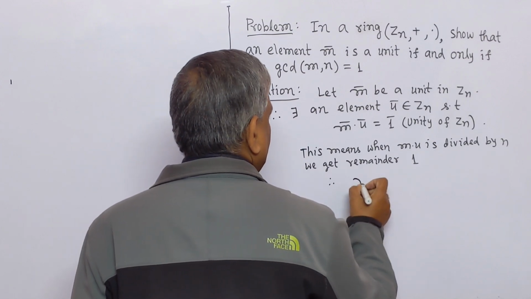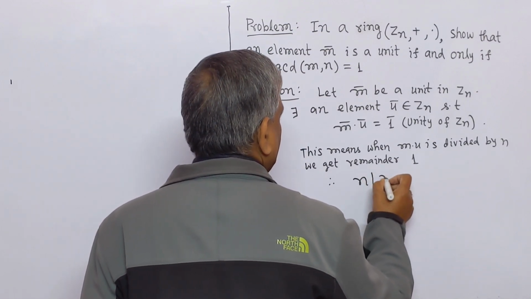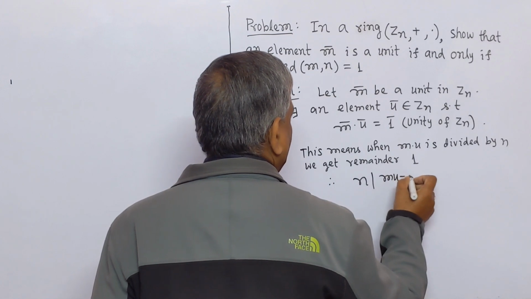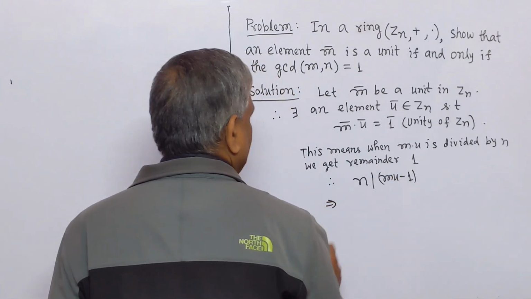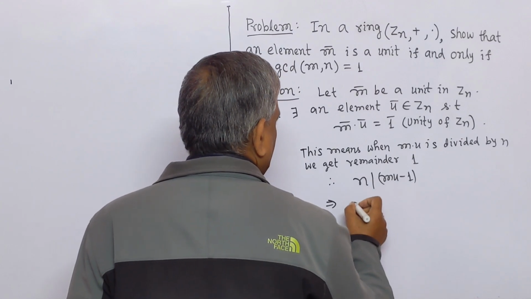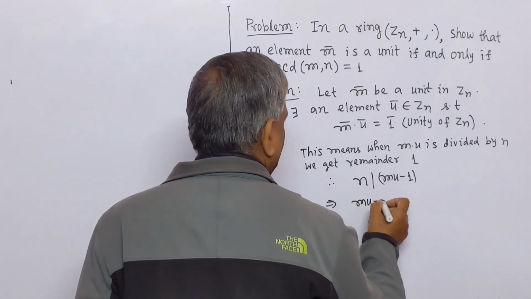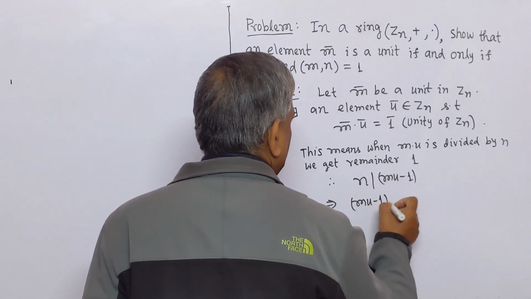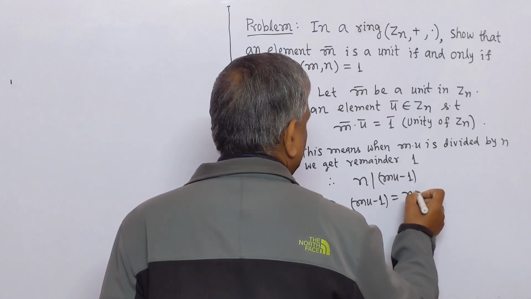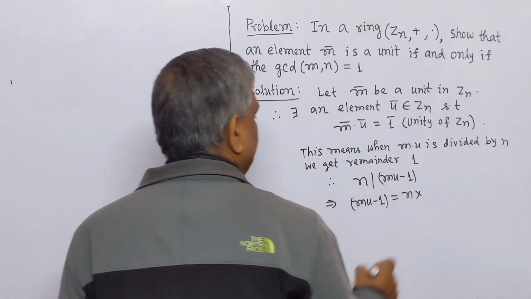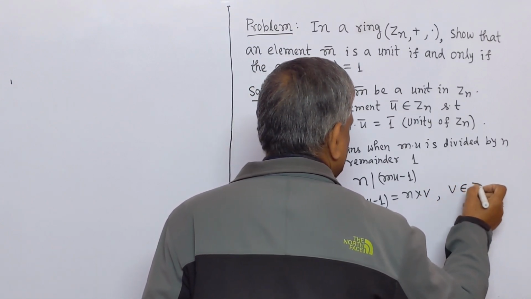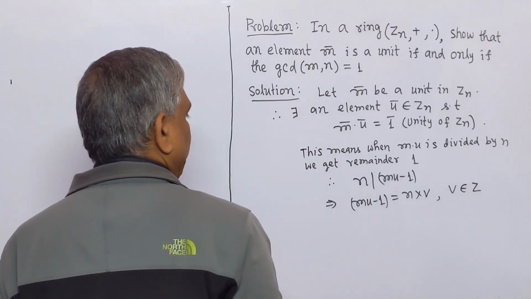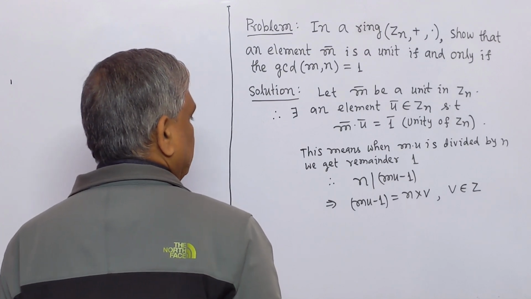Therefore, n divides mu minus 1, which implies that mu minus 1 is equal to n multiply an integer v, v belongs to Z, by division algorithm.